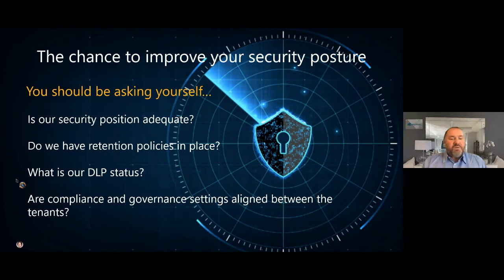So it could be labels. One organization may have done a lot of work around data classification and labeling and information protection, and the policies that drive the protection of the information based on the labels that have been set up. So if you're suddenly bringing a new organization into the fold, there really needs to be both some change management and some decisions made on how that'll be deployed, or if it'll be delayed, or what's acceptable to allow this balance to be created between the organizations.